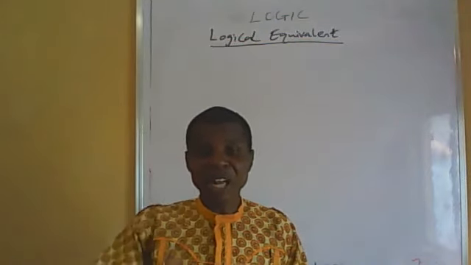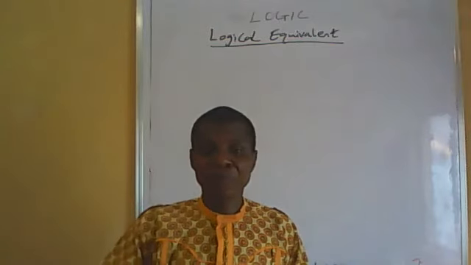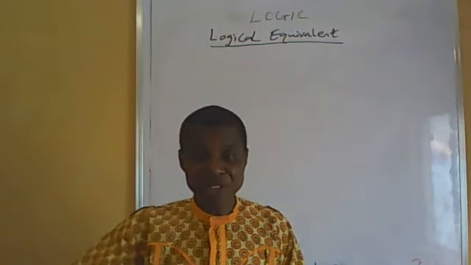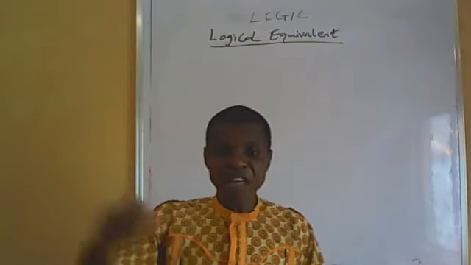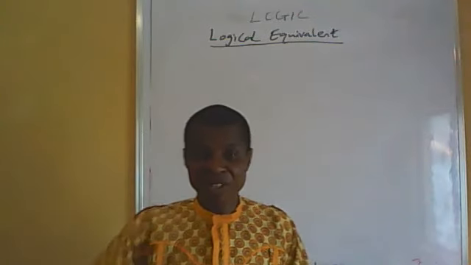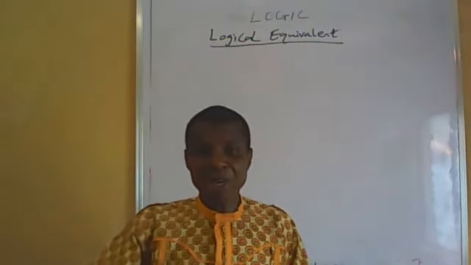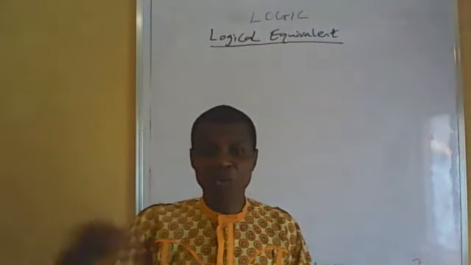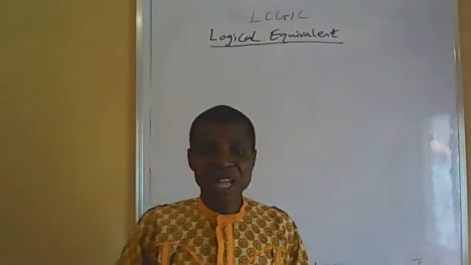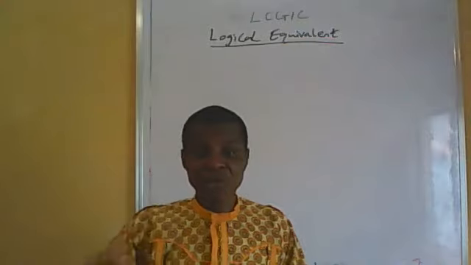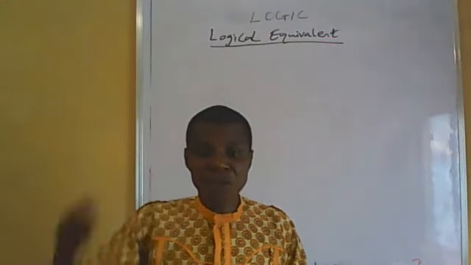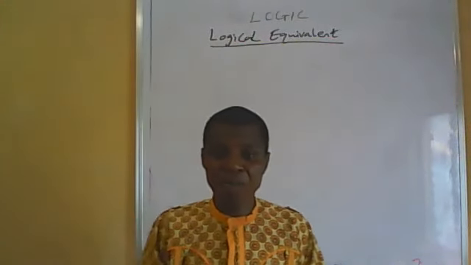We say that, let A and B be statements. If A and B are said to be logically equivalent, it means that every truth assignment of A and B must be the same.